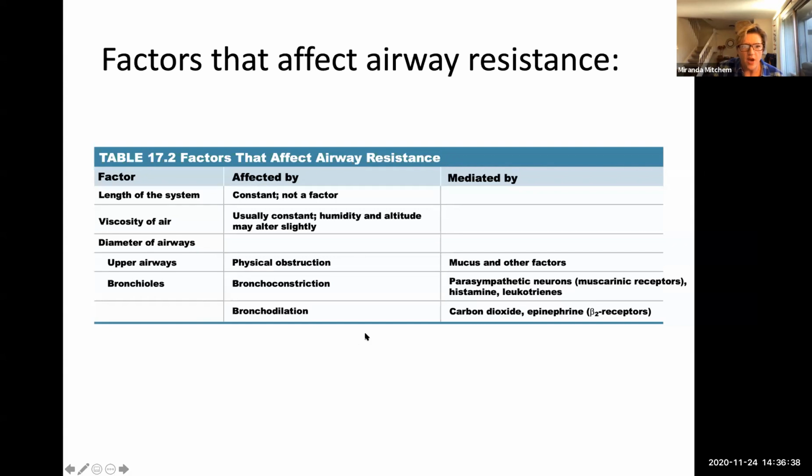And then we've also got bronchodilation of the bronchioles in response to a high CO2 combination. That way the body is signaling to try to get that CO2 out of the body, but also epinephrine through engagement of the beta-2 receptors can lead to bronchodilation.